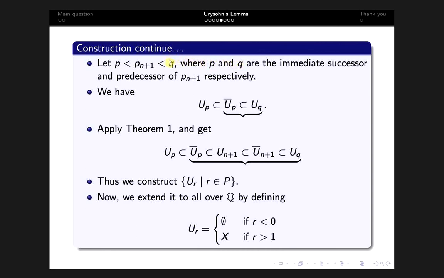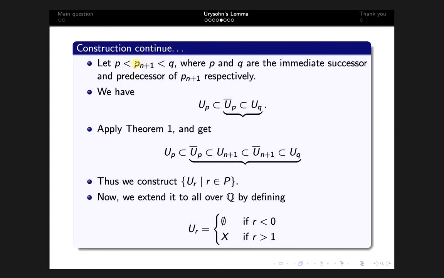So Q is the immediate successor and P is the immediate predecessor. In place of what is written here, this should be Q and this should be P. Here we have a typo, please correct it. So Q is the immediate successor and P is the immediate predecessor of P(n+1).